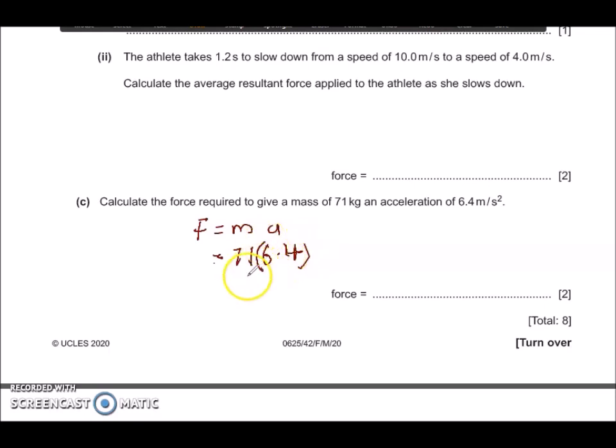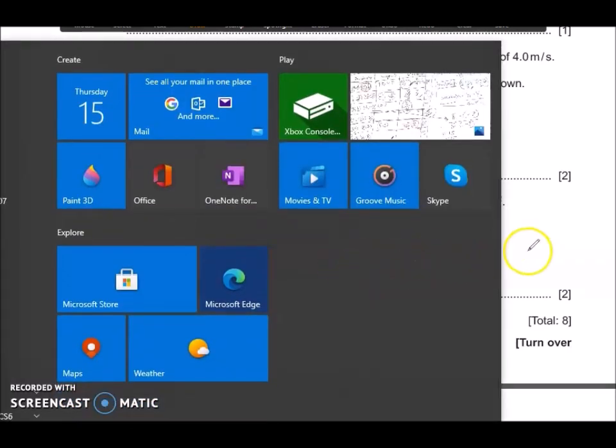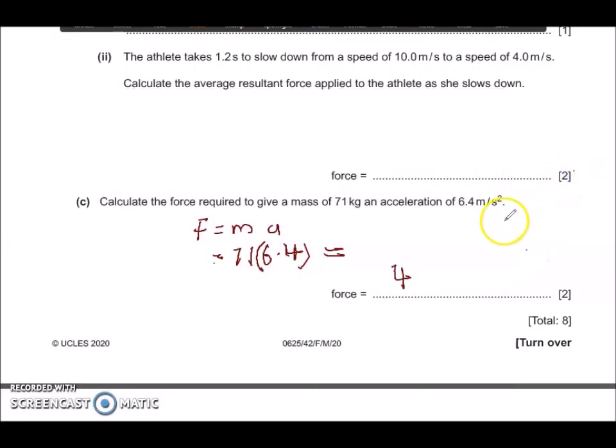Okay, calculate this. It is 454.4 Newton. Okay, here's your answer. You got a total of 8 marks over here for this question. Any question over here?